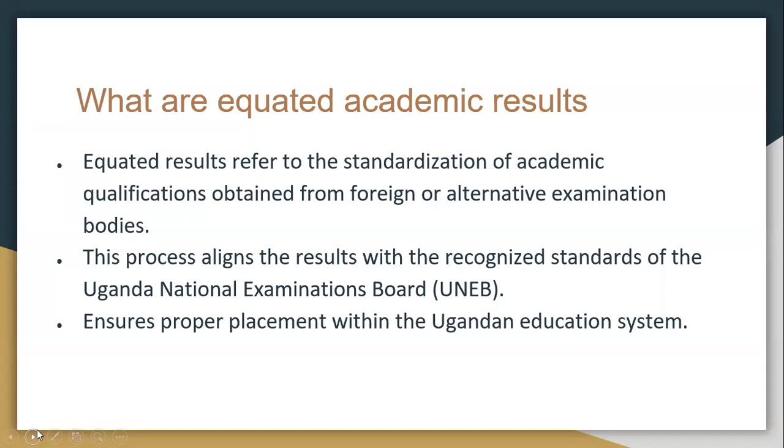For example, in case a child comes from Kenya, Rwanda, Tanzania, or any other country, or when this child has been doing other education systems, such as the Cambridge system, such children must have their results equated such that their qualifications align well with what we consider to be a standard as a country.